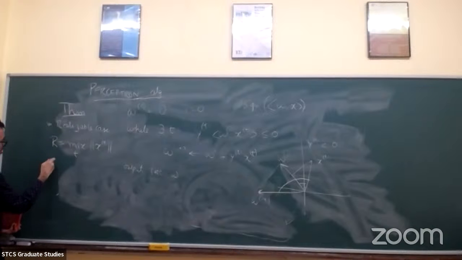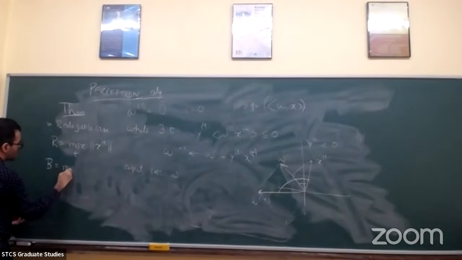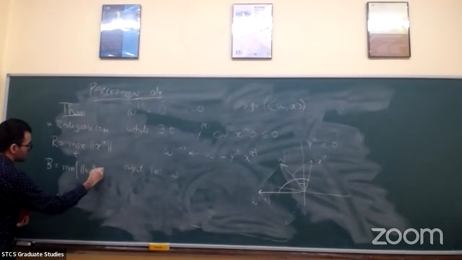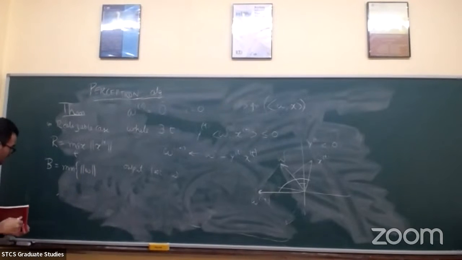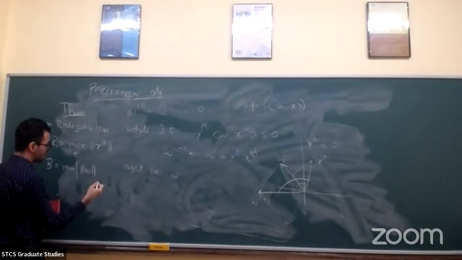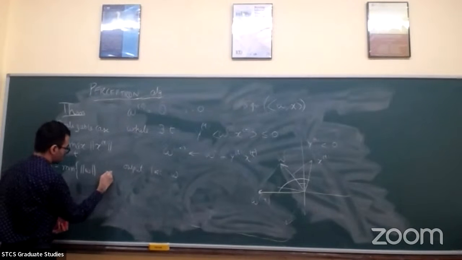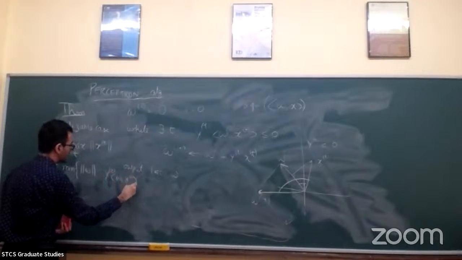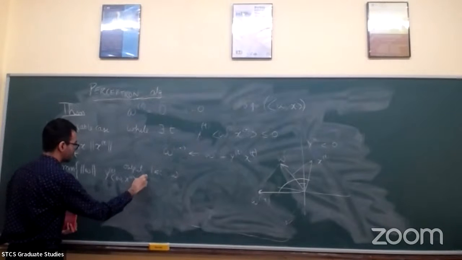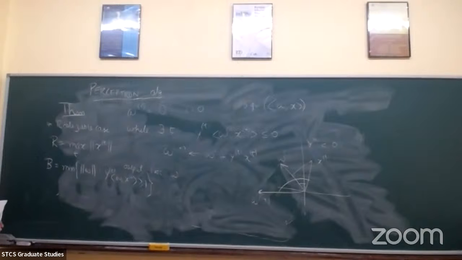And let B be the minimum norm of W so that your examples are correctly classified with margin. Remember, we had this thing, right? At least one. So B is defined like this, and then this algorithm will stop.